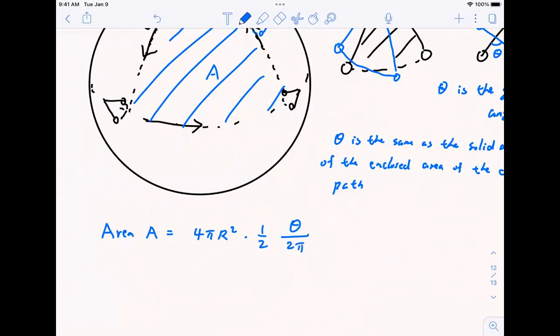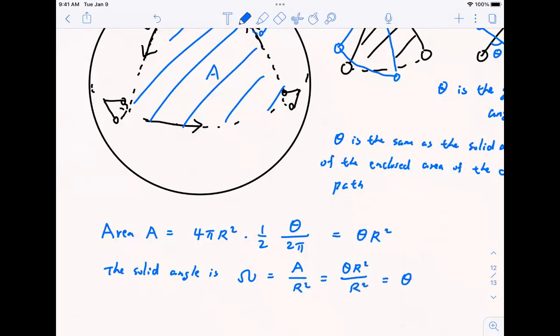So you cancel this 4 pi here, then you get theta r squared. So what is the solid angle? The solid angle is this area over r squared. This is the definition of solid angle. So this is theta.